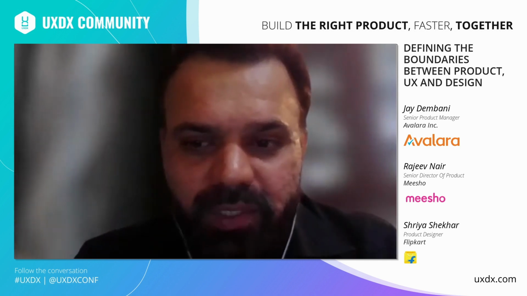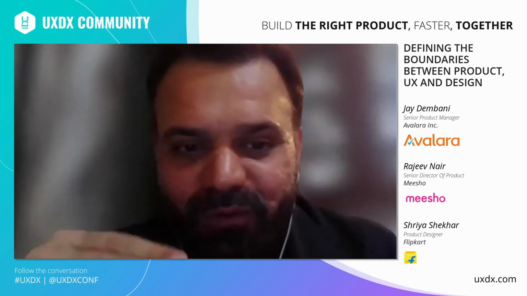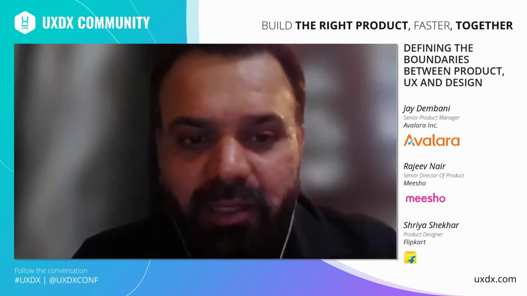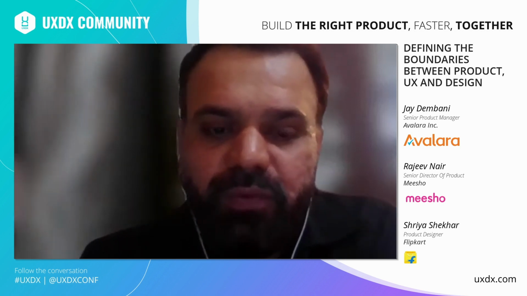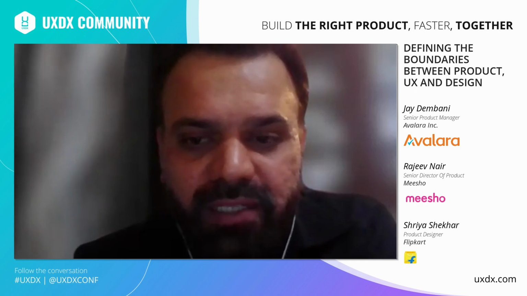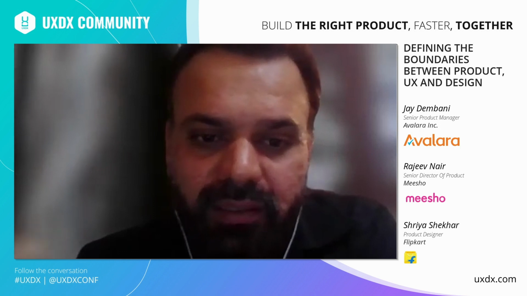So we are in a sort of messy middle, where you have to align the expectations of the internal products, but at the same time you have to align with the expectations of the platforms which we are partnering with. So there is a lot of collaboration with the internal product teams.